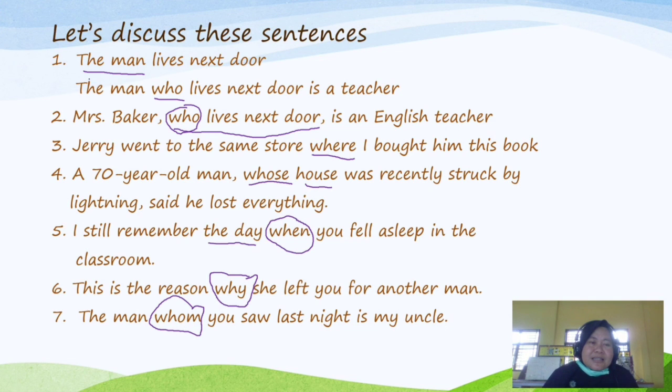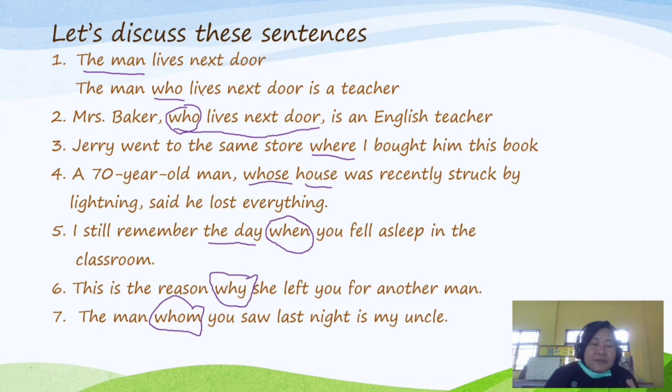Okay, let's see the hints, the clue. If in your sentence, for instance, the man blah blah blah lives next door is a teacher, there are two options to complete the sentence: who or whom, or why or when.